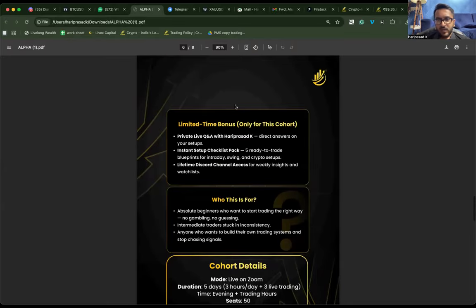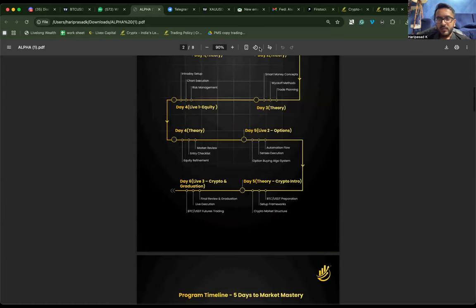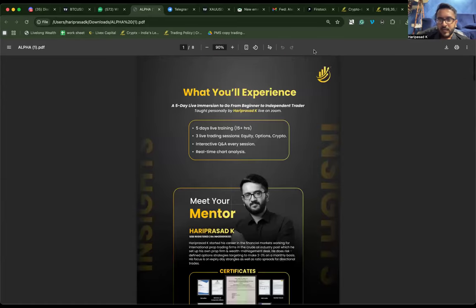As part of the launch of this cohort program, the Alpha Trader Bootcamp that I'm personally going to conduct, the program starts next Monday. Anyone interested in joining my mentorship can pay 5,000 rupees, the mentorship fee, and be part of this cohort.